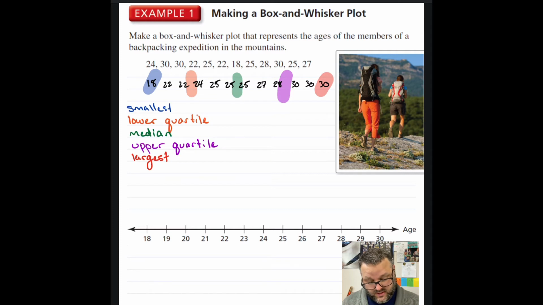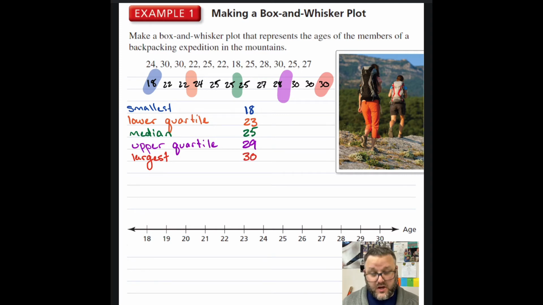So again, just to write it out, we have our smallest number at 18. We have our lower quartile at 23. We have our median at 25. We have our upper quartile at 29. And we have our largest, or our upper limit, at 30.